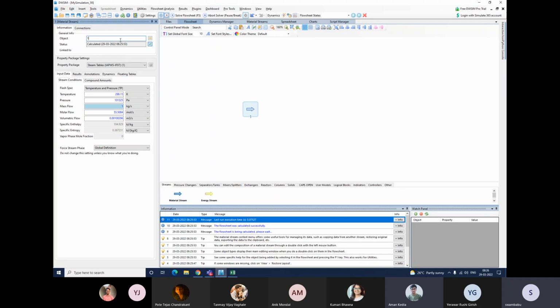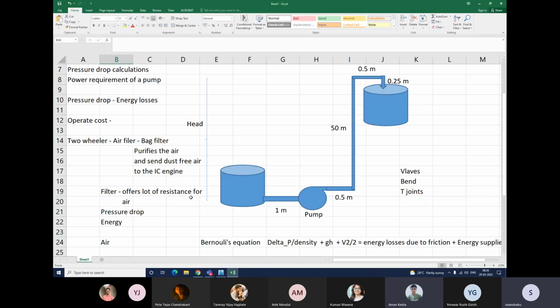This is the water inlet. We're assuming it is at room temperature and atmospheric pressure, and the mass flow rate influences a lot in the pressure drop calculations.